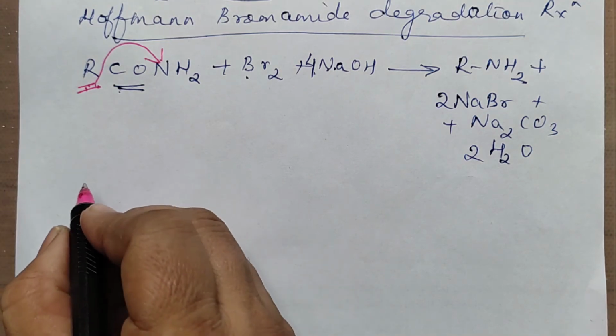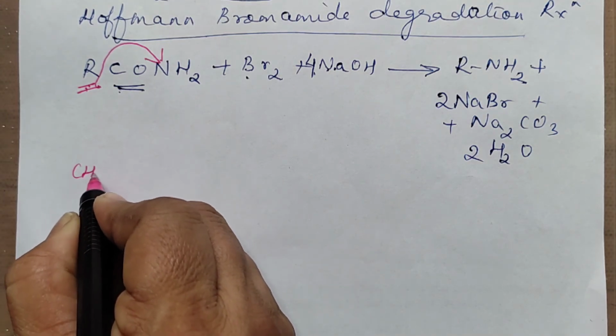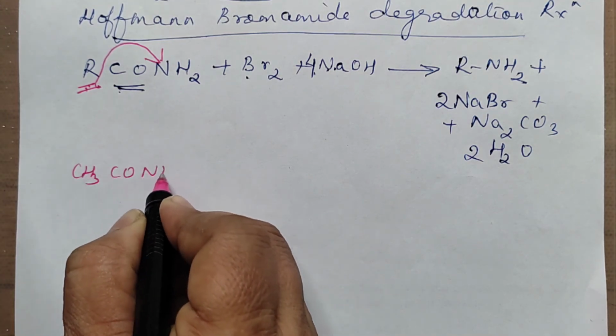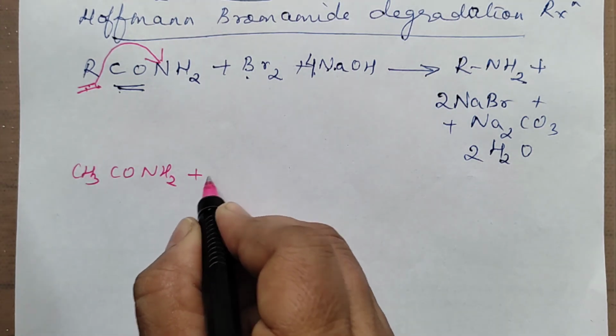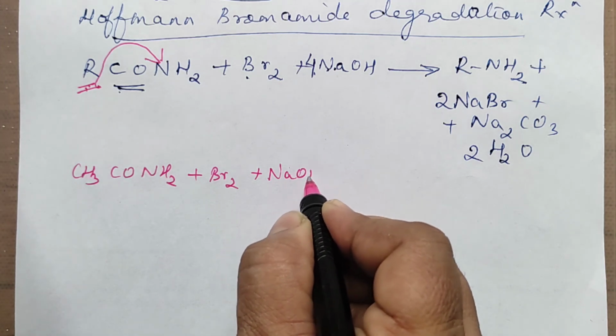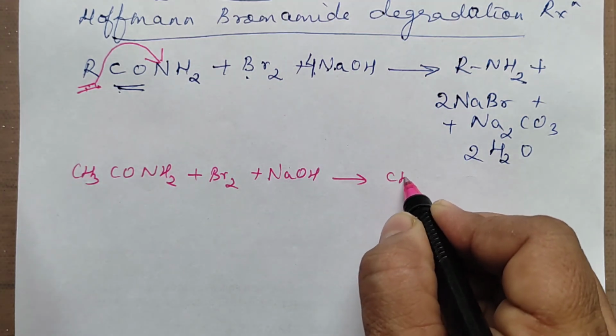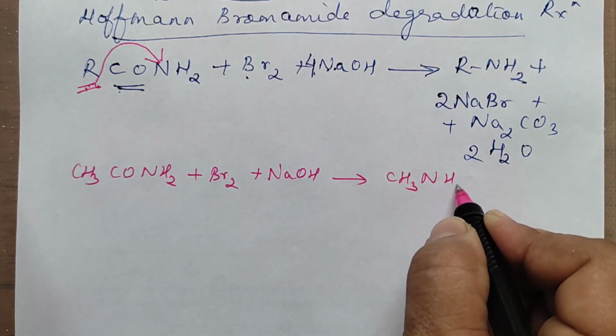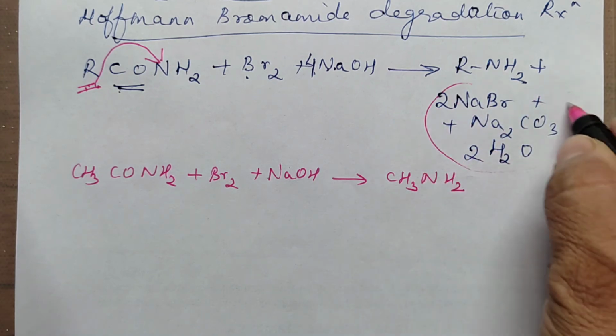Now suppose I am using here say CH3CONH2 and I am using the similar reagents, bromine plus NaOH or KOH, whatever. So what you will get is an amine with one carbon less, plus all this stuff will be common.